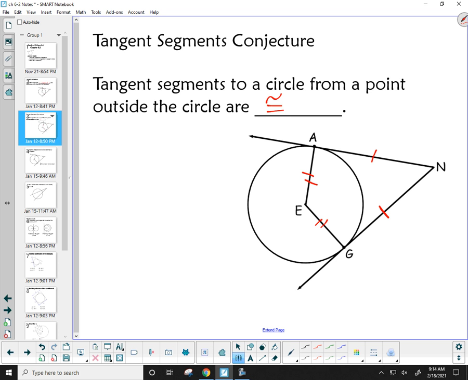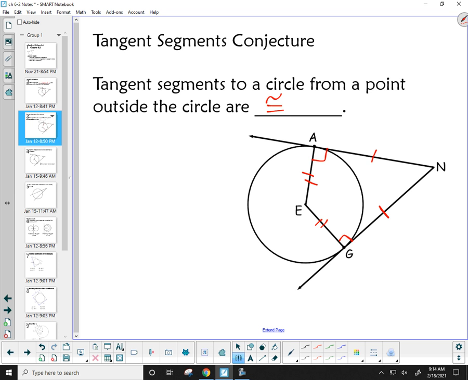Now we just learned that angles A and G for that kite are going to be right angles because we have radii going to the points of tangency, right? So now think about, we know there's how many degrees in every quadrilateral? 360, if I add all four angles together, right?